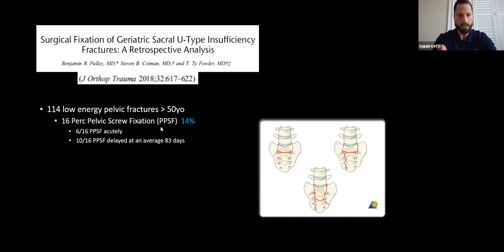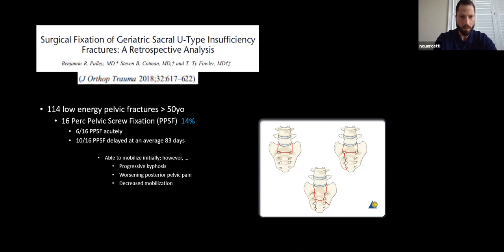And the 16 that got fixed, 10 of them were fixed in delayed fashion at an average of nearly 3 months. And this is almost what I see in the community as well. The question you have to ask is, are they able to mobilize initially? But a lot of them get that progressive kyphosis, worsening pelvic pain, decreased mobilization. And they all ended up wanting surgery.